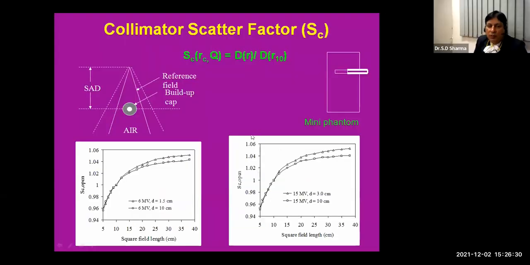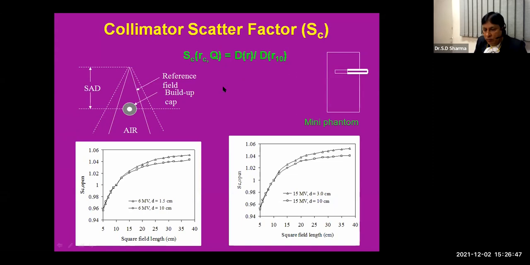Now some overview about scatter factors. We have two different scatter factors. One is called collimator scatter factor or collimator scatter correction factor, which is a function of collimator field size and the beam energy which is used.